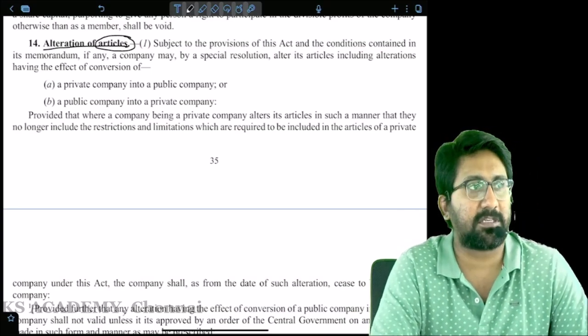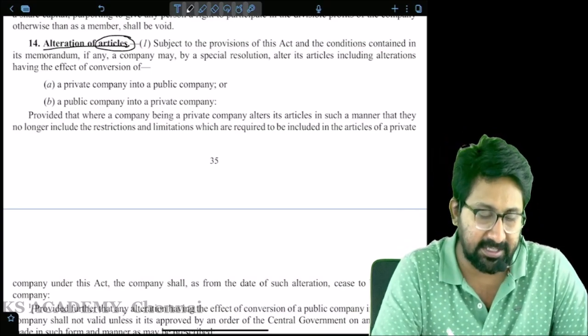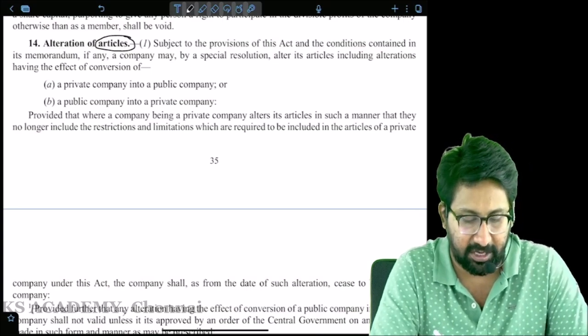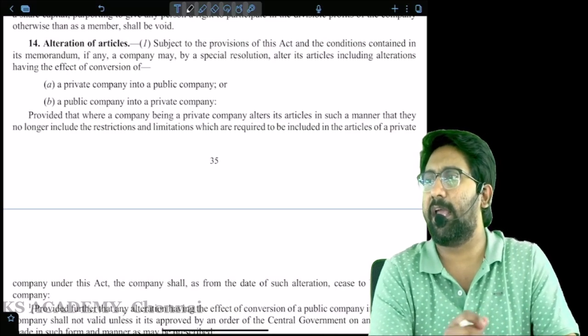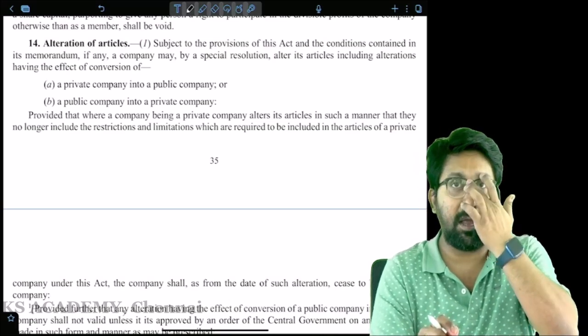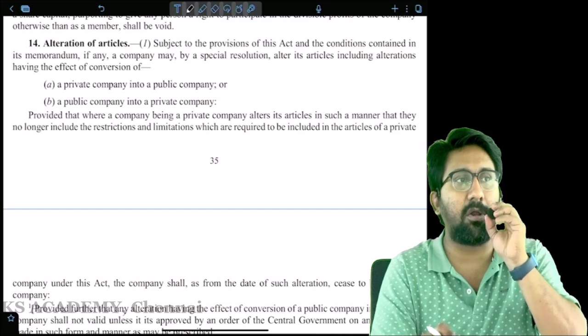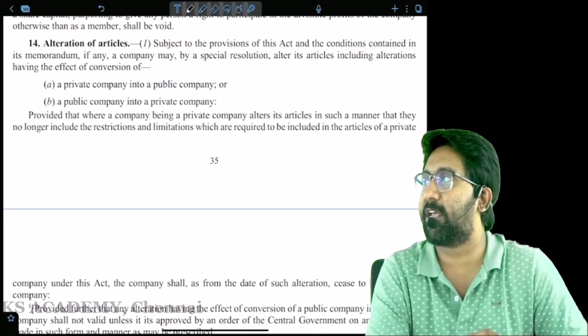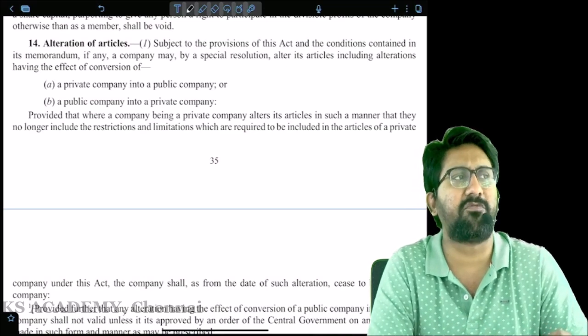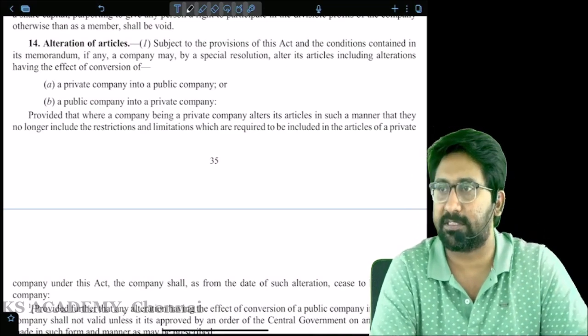Let us first try to understand the entire concept of alteration of articles, then we will go into analysis. Unlike the memorandum, in articles there will not be complication, because alteration of articles is just alteration of any points inside the articles.